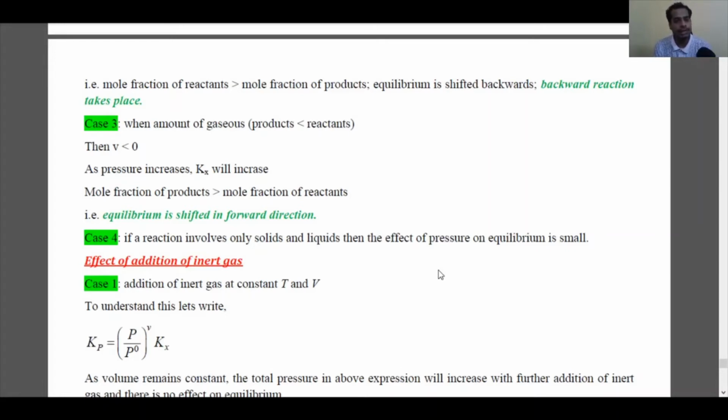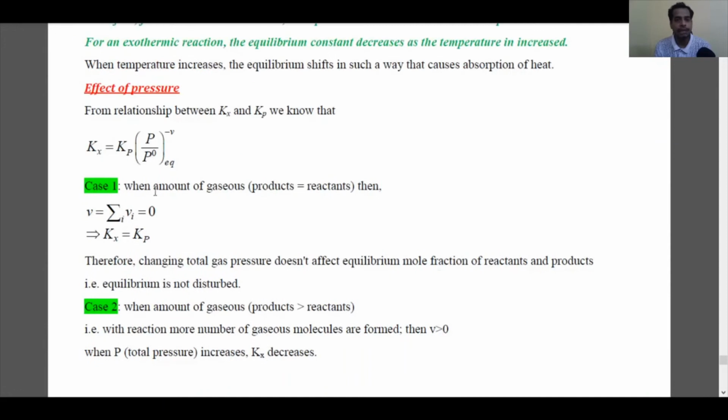If v is negative, the negative power and negative v make it positive. So if I increase my pressure, Kx will also increase. So when the number of moles of gaseous products is less than the number of moles of gaseous reactants, v will be negative.